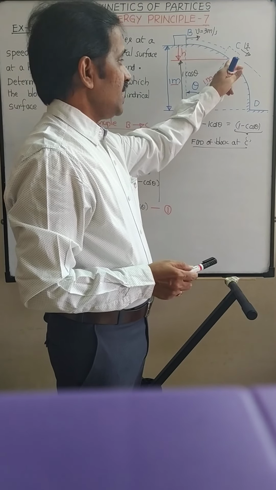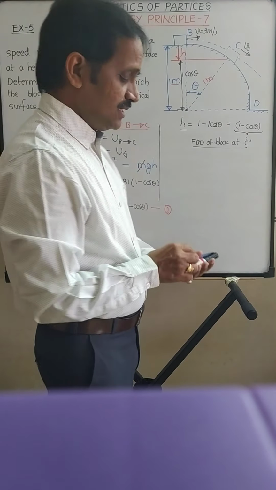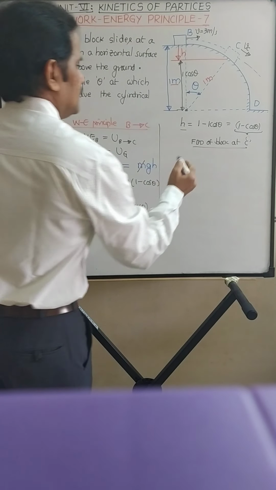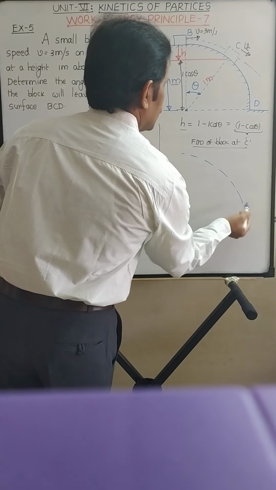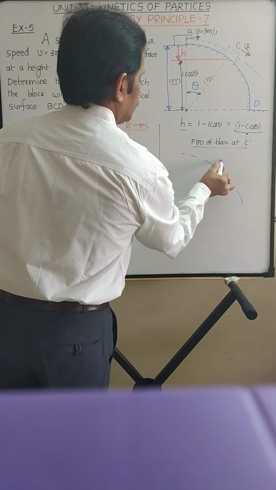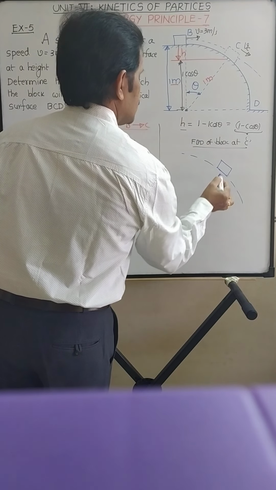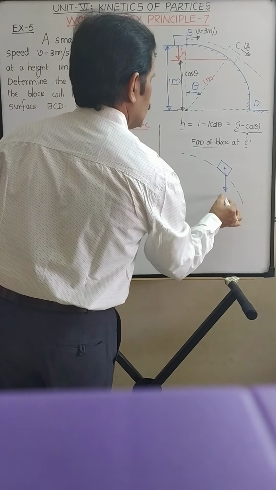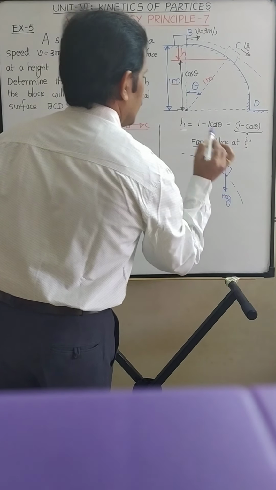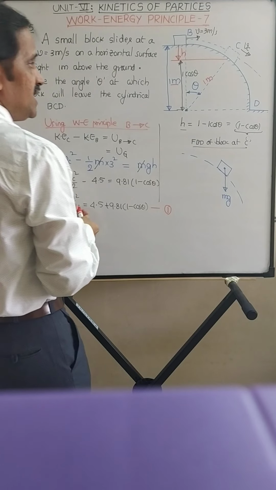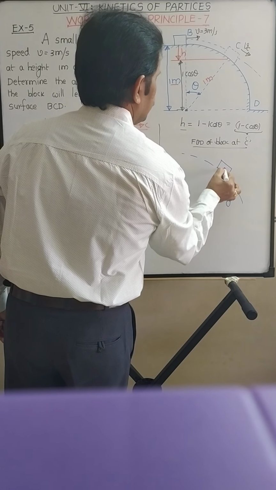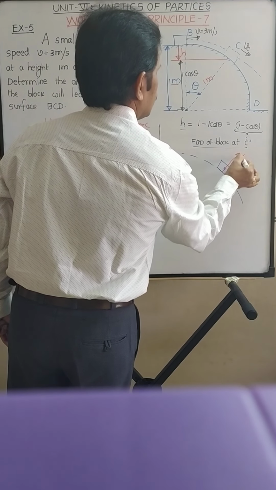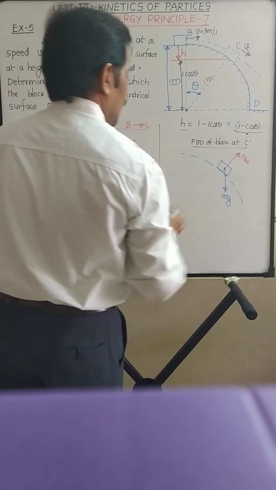It is the point where it leaves the cylindrical surface. So it is following a curved path. So what are the forces acting on it? Weight of the block which acts vertically downwards, say mg. The normal reaction offered by the cylindrical surface, say NR.